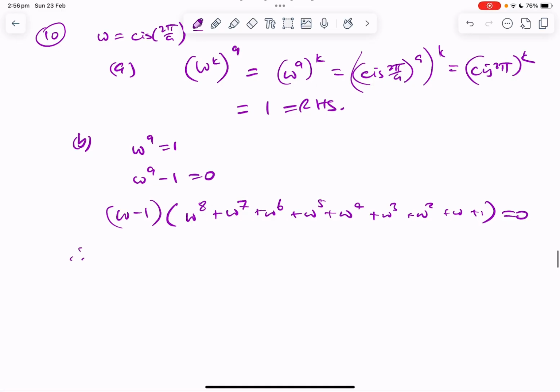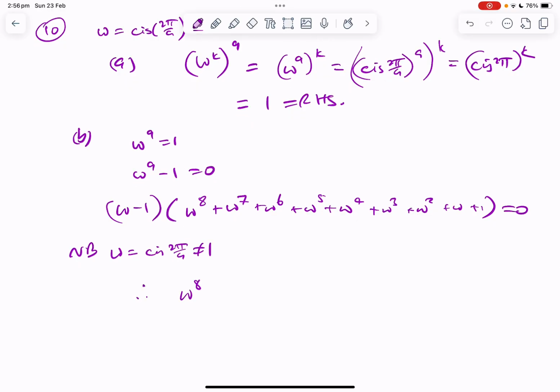So therefore, let's note that omega equals cis 2 pi on 9, which is not 1. Therefore, omega to the 8th plus omega to the 7th plus omega to the 6th plus omega to the 5th plus omega to the 4th plus omega cubed plus omega squared plus omega plus 1 equals 0.